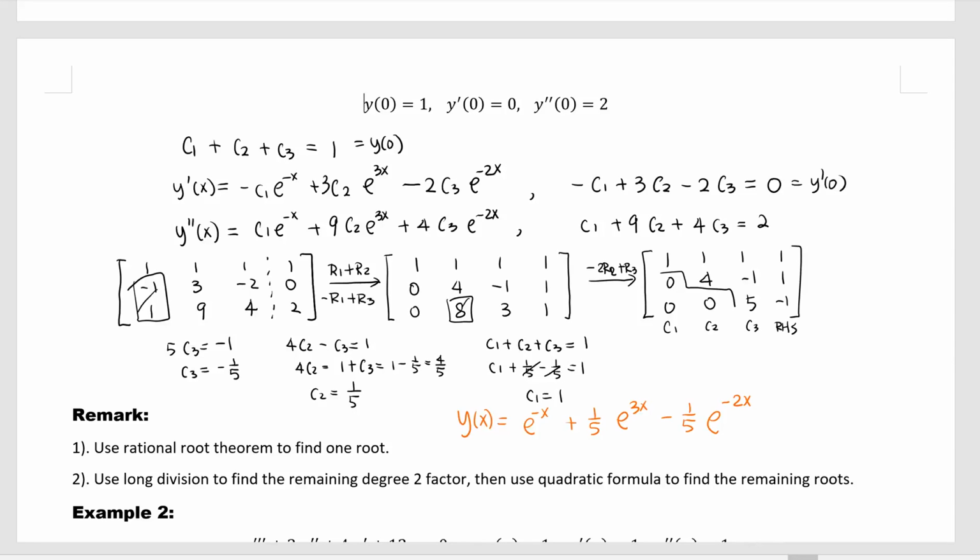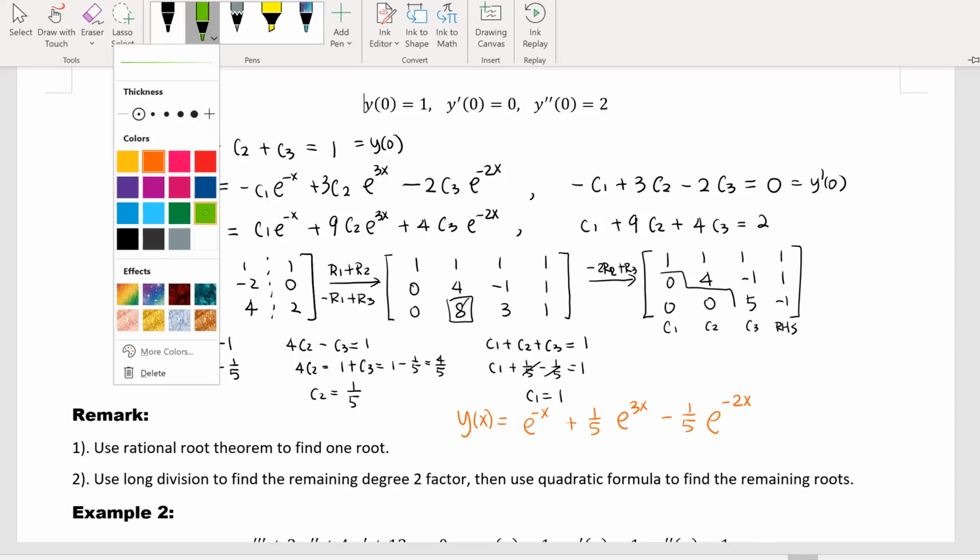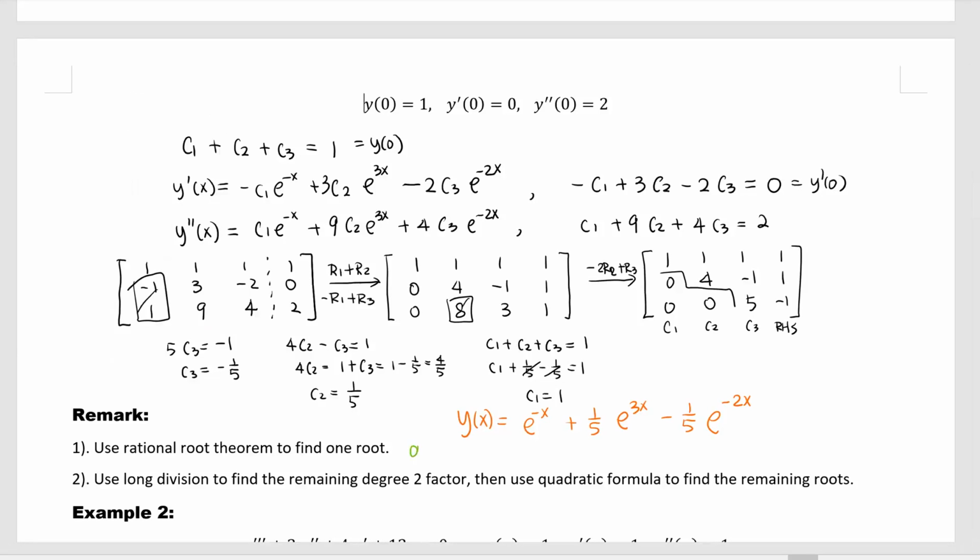Alright, we mark. So we're solving higher order polynomials. So we use the rational root theorem to find roots. This is degree 3. If we have a degree 3 polynomial, we use the rational root theorem to find one root, and then use long division.